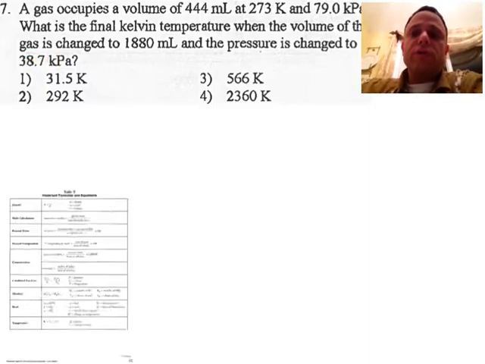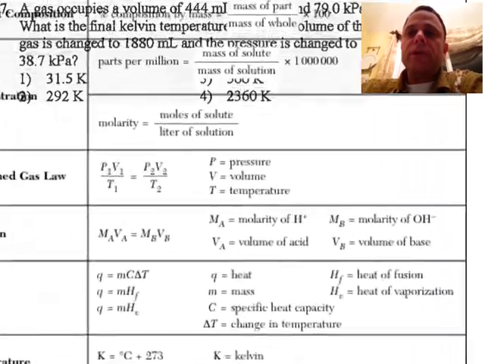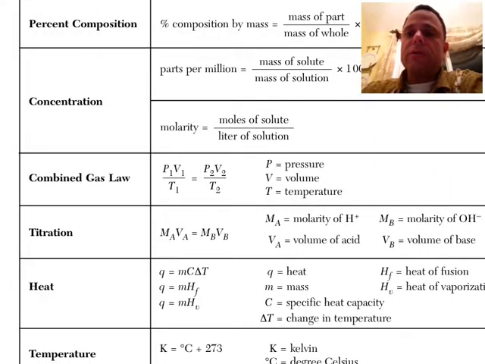Now, what formula should we use? We're looking here at our gas laws, right here. Gas laws. P1V1 over T1 equals P2V2 over T2, where P is pressure, V is volume, and T is temperature.